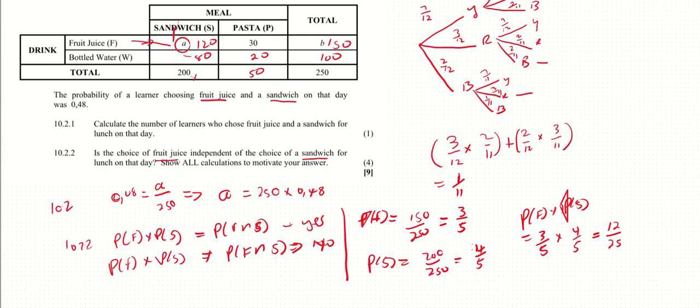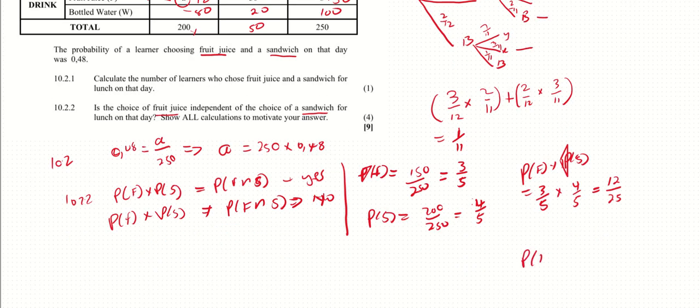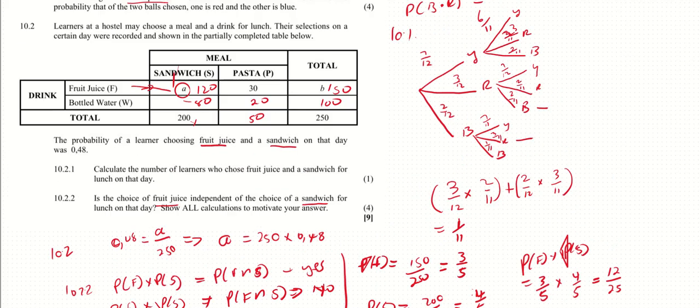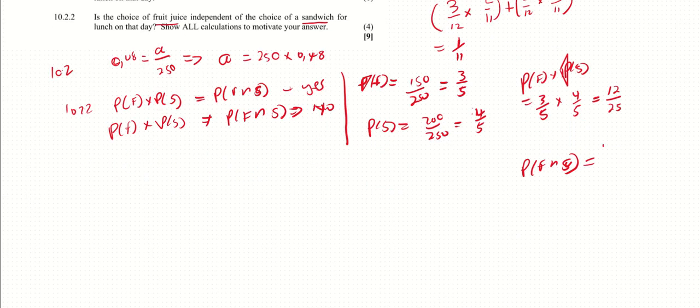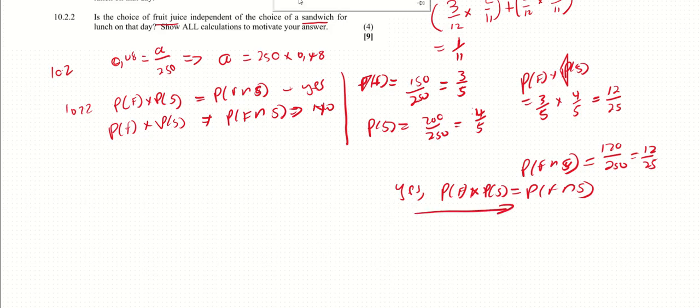Now let's look at the probability of fruit and sandwich. This is where we chose fruits and sandwich, which is 120 over 250, which gives us 12 over 25. So we can see that our answer is yes. Why? The probability of fruit times the probability of sandwich is equal to the probability of fruits and sandwich. That's how we answer this question.